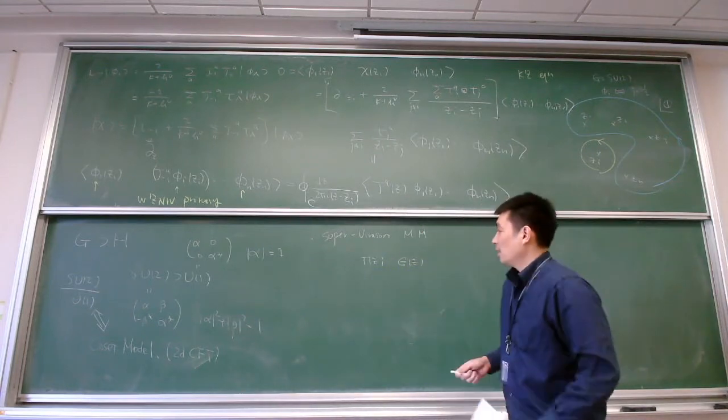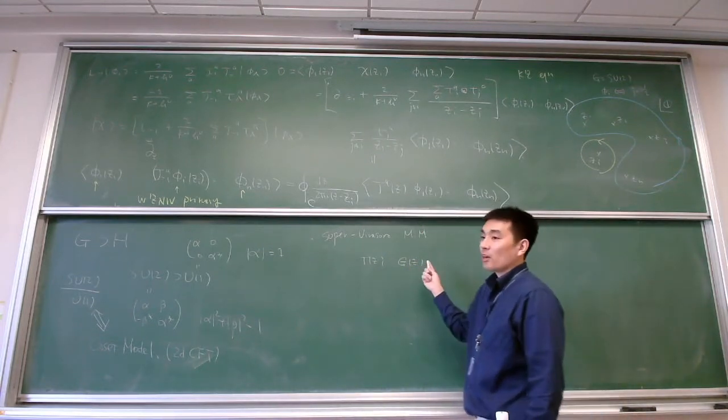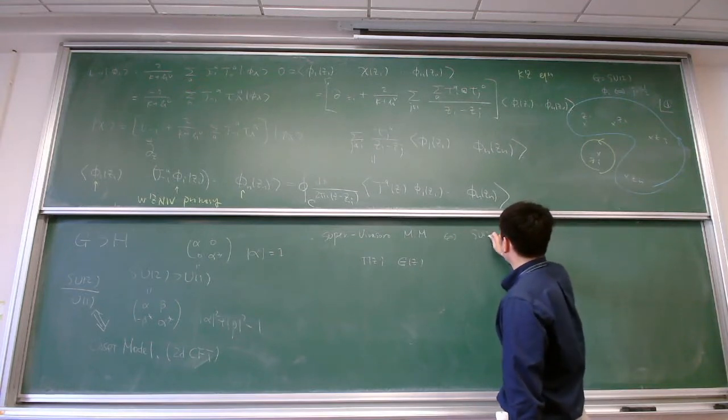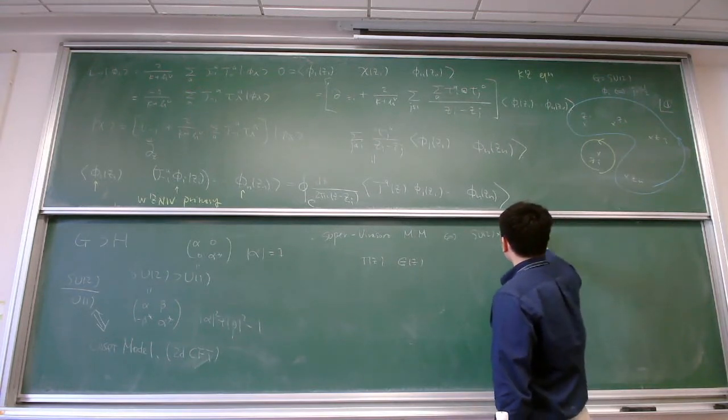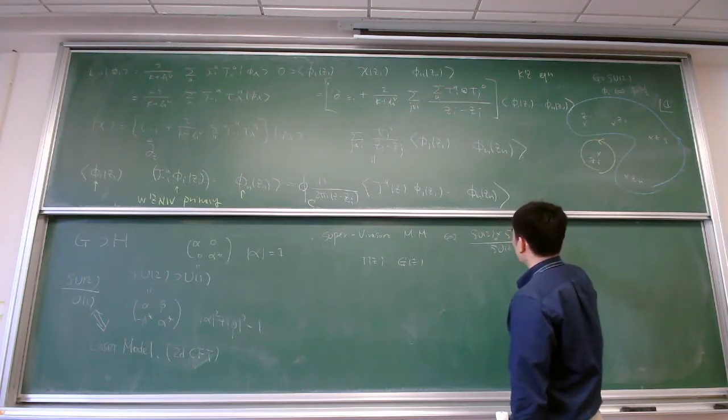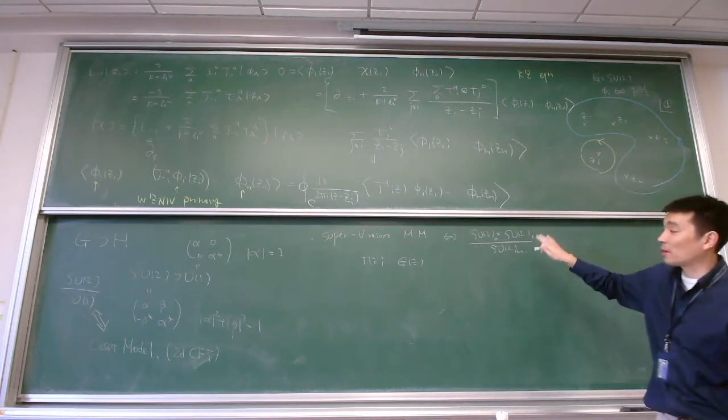So this is the N equals 1 super Virasoro model, and this can be related to SU(2)_k times SU(2)_1 divided by SU(2)_{k+1}. I already forgot the level.